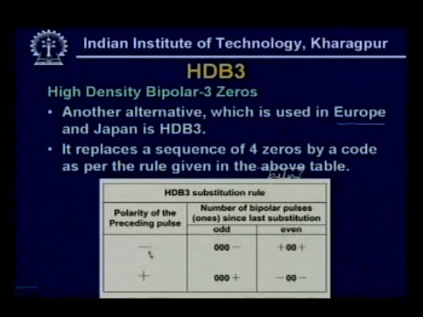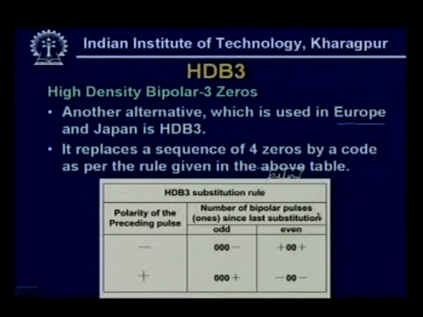If it was negative, then it is replaced by 0 0 0, and if the number of bipolar pulses since substitution is odd, then it is replaced by 0 0 0 negative. On the other hand, if the number of substitutions was even, then it is replaced by positive 0 0 positive. Why, you may be asking, is this being done?